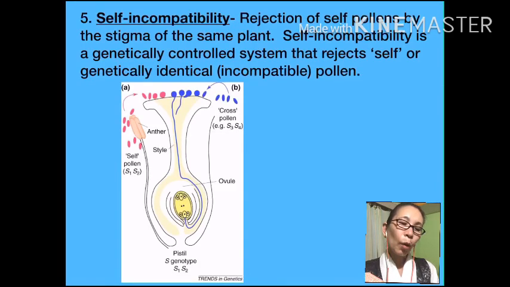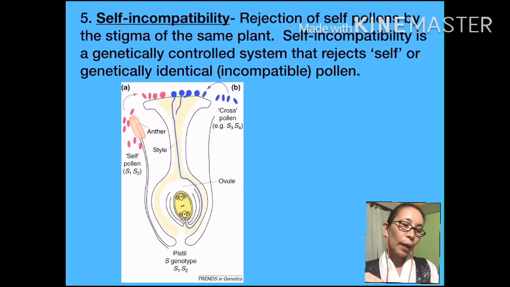Since the genotype of the stigma is also S1, S2, self-pollen becomes incompatible and gets rejected. Whereas the pollens which have a different genotype to that of the stigma, that is the foreign pollens which are S3, S4 type, get accepted.